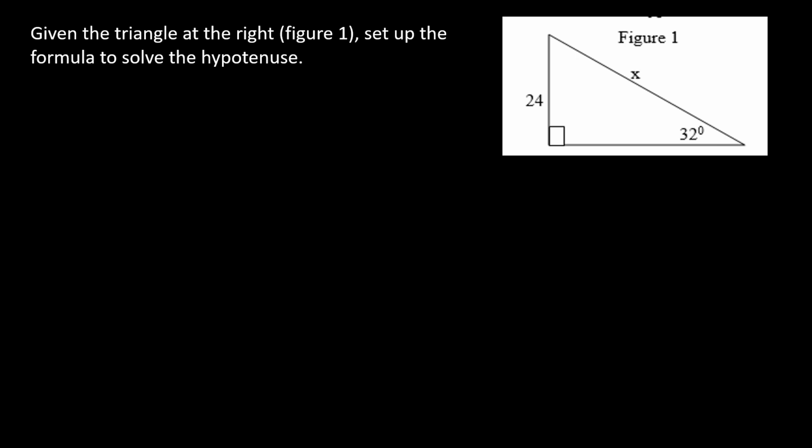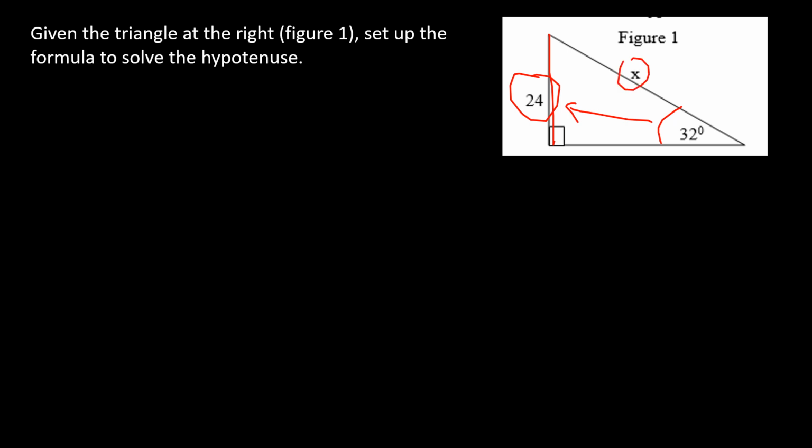Given the triangle at the right, figure 1, set up the formula to solve the hypotenuse. So at the figure, from the angle 32 degrees here, the 24 as the length of this side is opposite with respect to the 32-degree angle, while x is the hypotenuse.